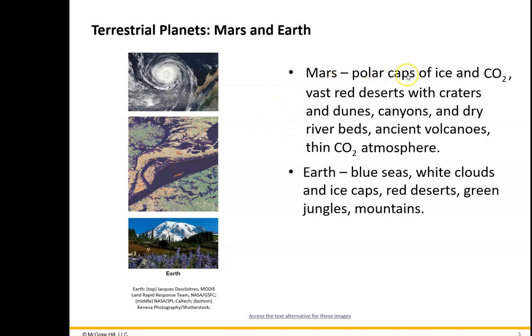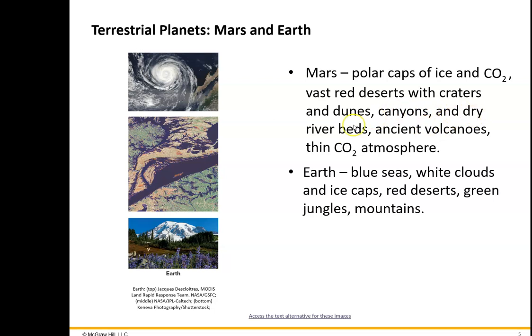It has polar ice caps. It's both frozen water ice and frozen carbon dioxide. The polar caps, by the way, grow and shrink with the seasons. There are craters and dunes.